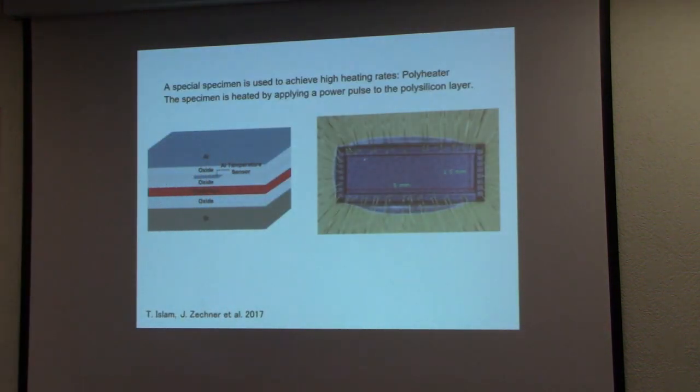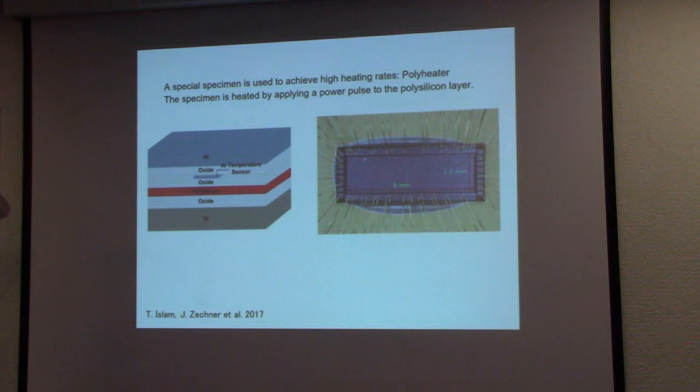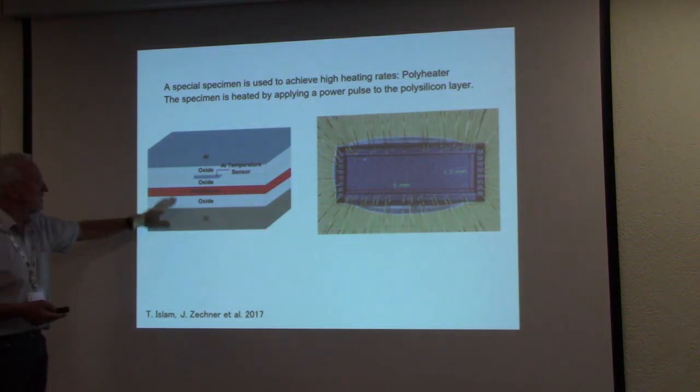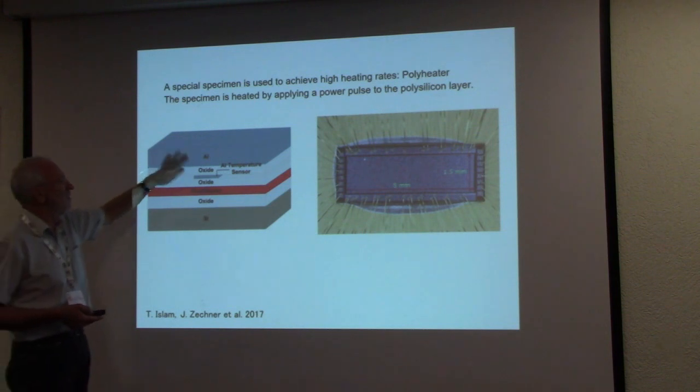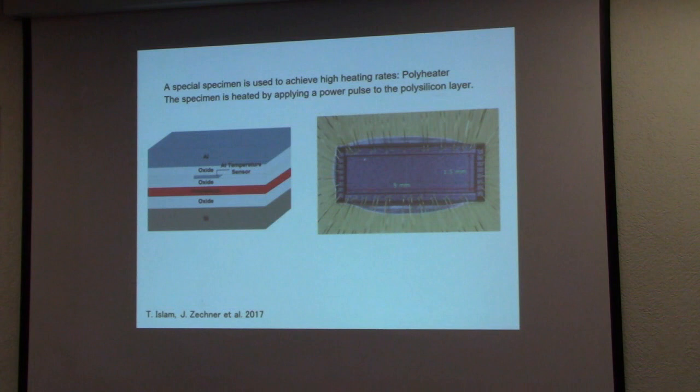Another way is, for example, this polyheater test. This was developed by Infineon, where you simply have silicon, then you have a heating device, and then you have a metal film here. It could be aluminum. Typically, it is aluminum or copper.